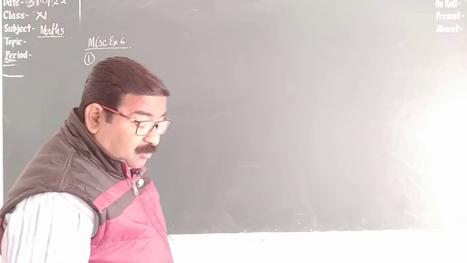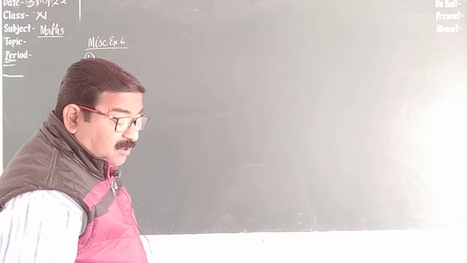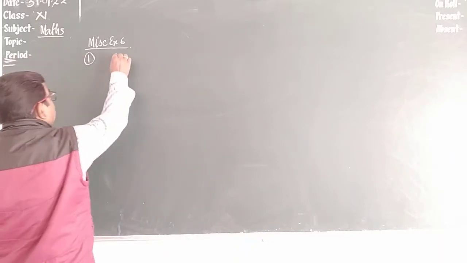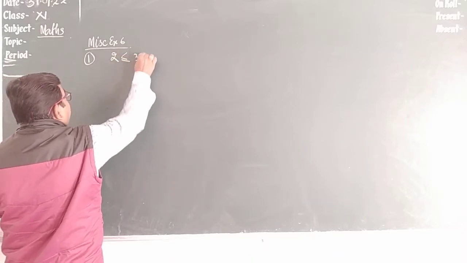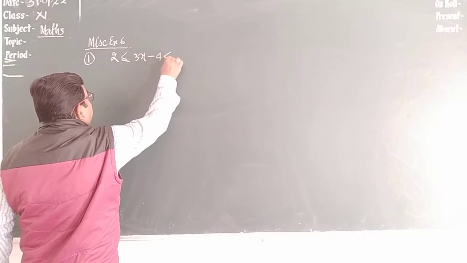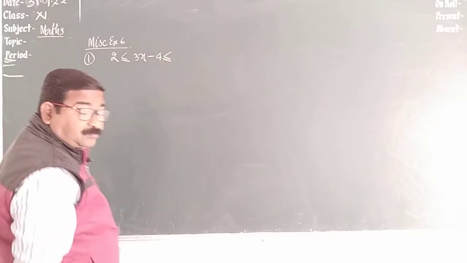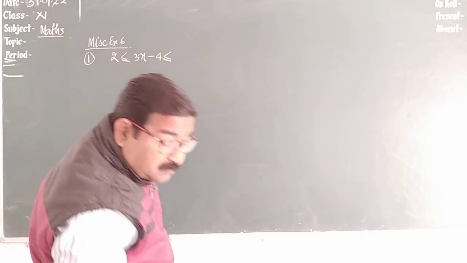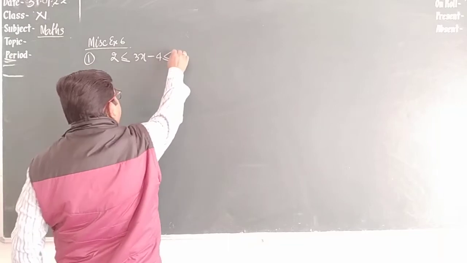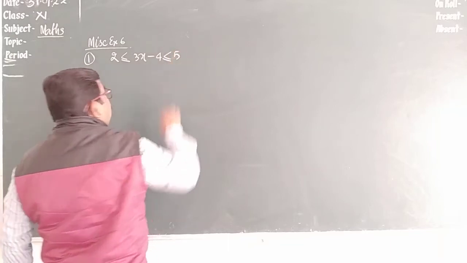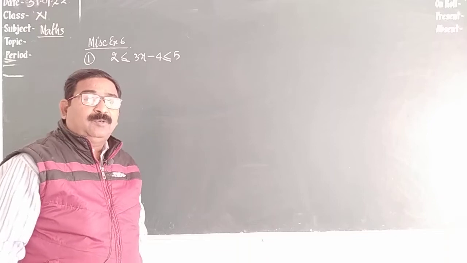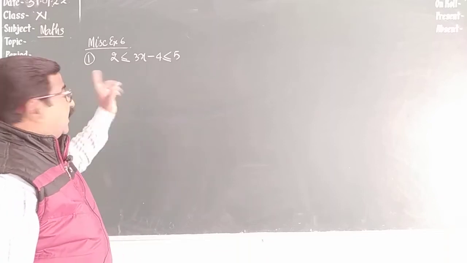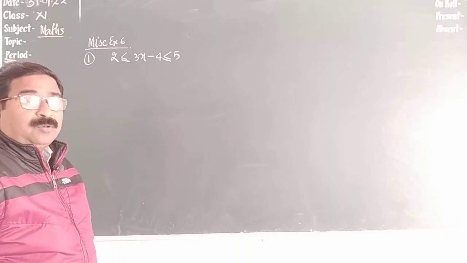We are given 2 is less than or equal to 3x minus 4 is less than or equal to 5. We have to find the value of x. So what to do?